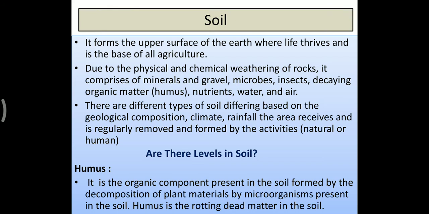Children, as this humus is made up of plants and animals, it is very fertile just because it contains all the nutrients. That is why it is good for the growth of plants. So whenever there's humus in the soil, plants grow very rapidly.